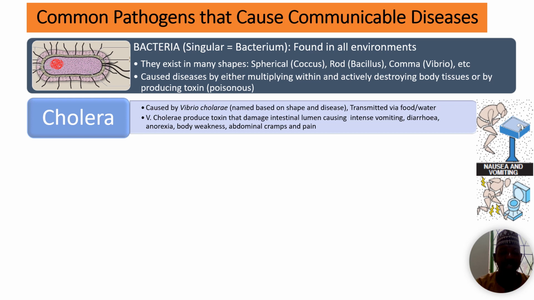Generally, many bacterial names are either based on their shape or morphology, or based on the disease they cause, or based on the persons that discovered them, or based on their physiological or metabolic appearance, and so on. Now, this type of bacteria is named based on its shape.